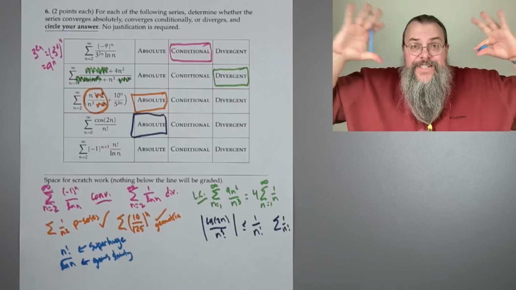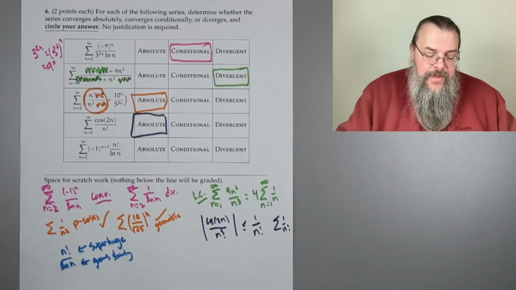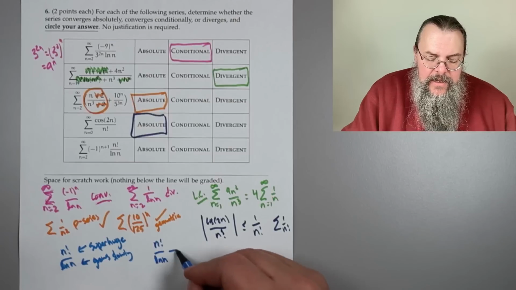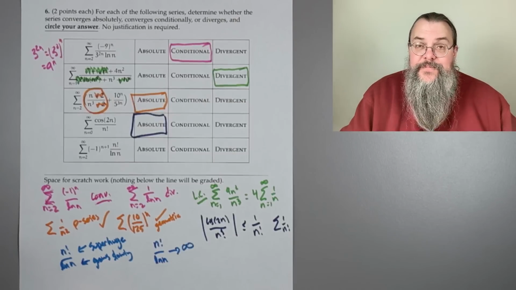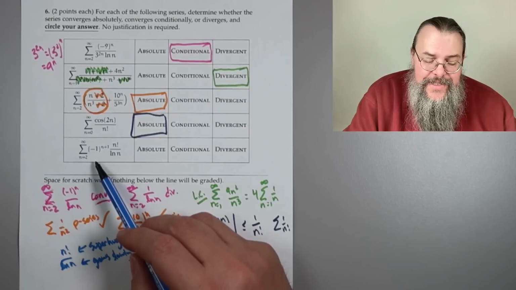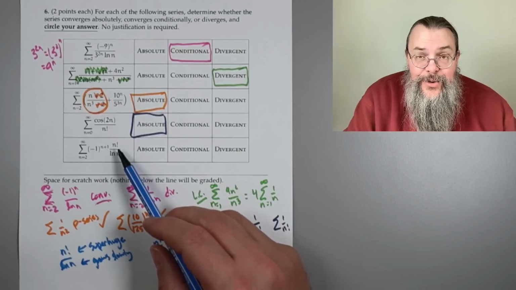So your large stuff is on the top. What is that telling you? Well, it really says n factorial over log n is going to blow up. And so we have alternating signs, yes, but this part's not going to 0. It's getting huge.